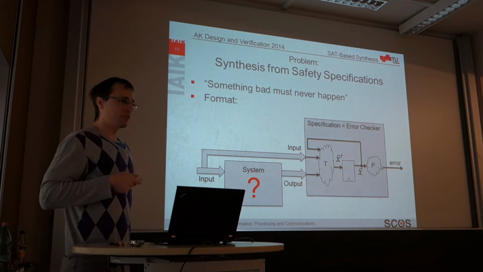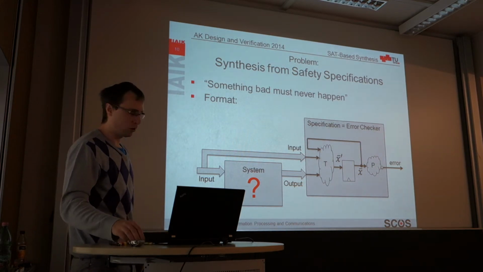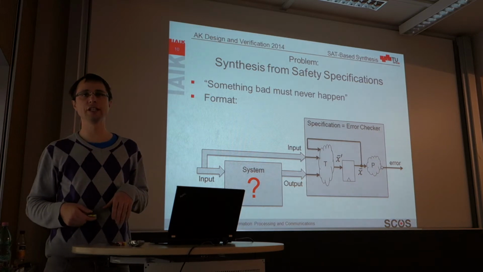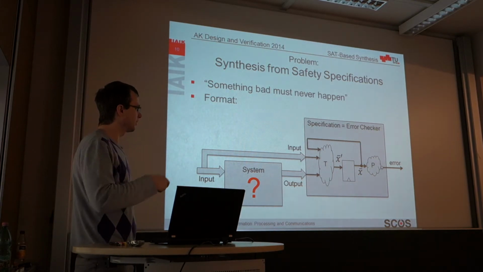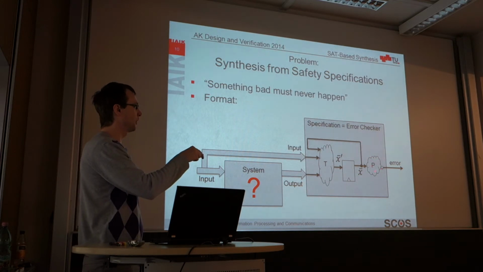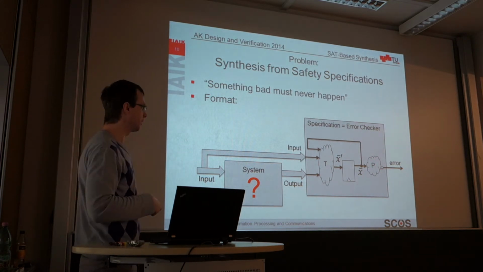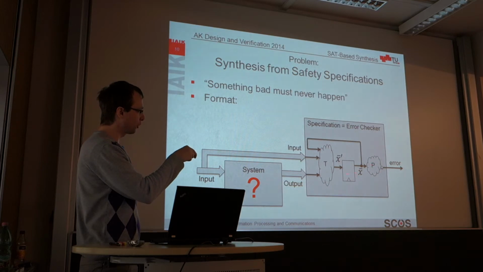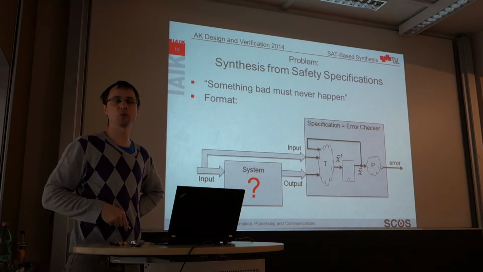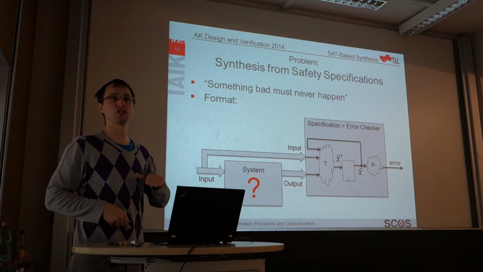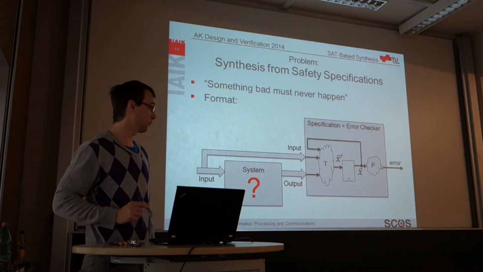Finally, for a safety specification or for a safety game, we also need a characterization of our safe and unsafe states. And this is done by another combinational circuit, which is named P here. This is basically a function over the state bits, and it produces just one output bit, and this one output bit tells us whether this state is safe or unsafe.